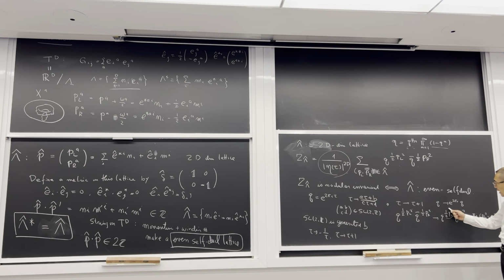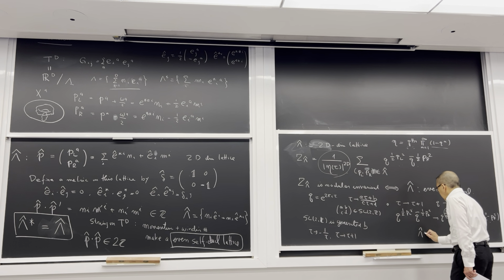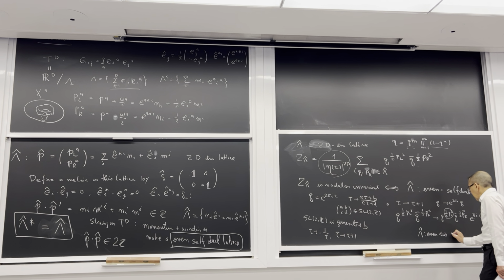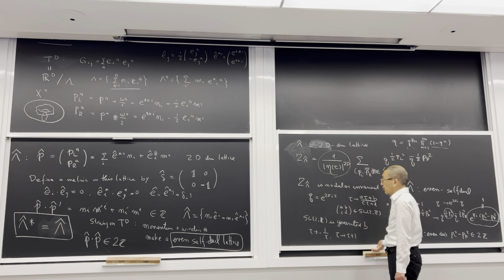And since we have half of p left squared, it gives you pi i of (p left squared minus p right squared). So if lambda hat is even, then by definition p left squared minus p right squared is an even integer. And so if this is an even integer, this is equal to 1. So we can check that this is modular invariant.